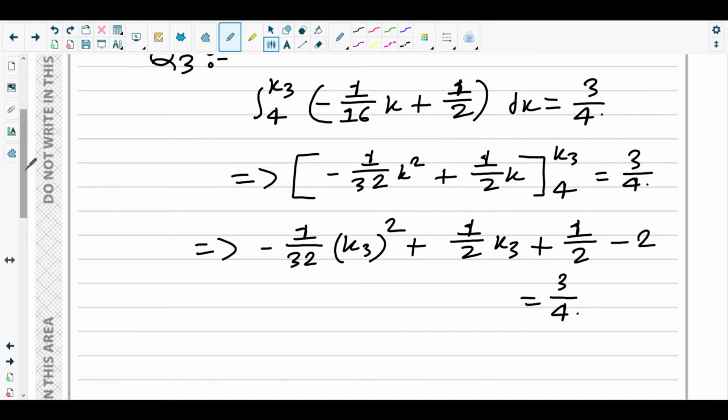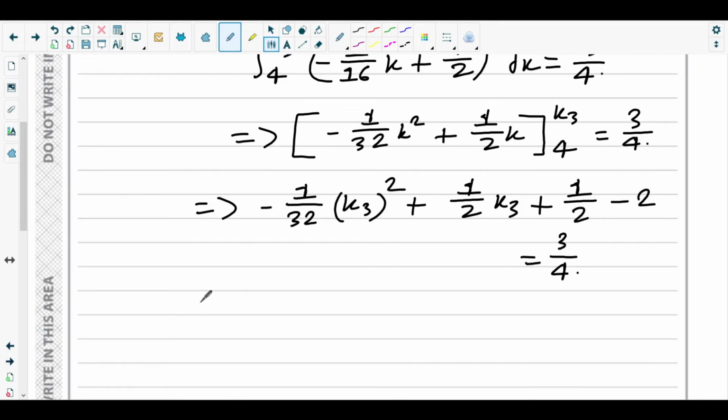This equals 3/4. Okay, now what we need to do, we got half of x3 minus x3 whole squared over 32. Take all the constants to the left side, so we will have a quadratic equation. So -2 plus half, this is negative 1.5, which is -3/2.